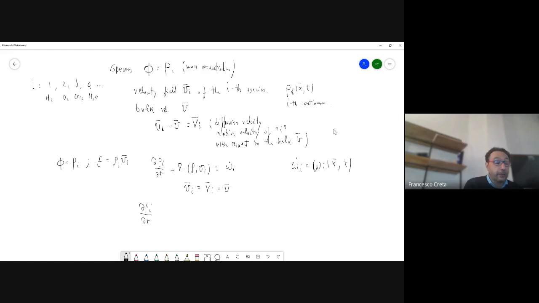Then this term here, which is the divergence of rho I times the diffusive velocity, which has to do with a relative motion of species I with respect to the bulk, okay?